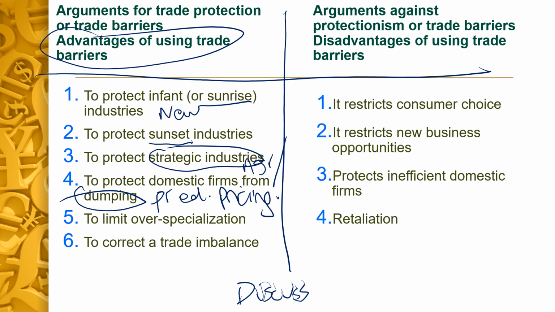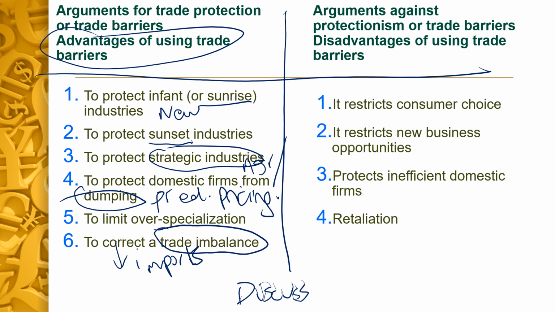And finally, to correct trade imbalance, by reducing the amount of imports coming into the country. Because remember, one of the main macroeconomic objectives is balance of trade. So if I am having an imbalance, this is not good at all for the government's macroeconomic objectives to achieve.